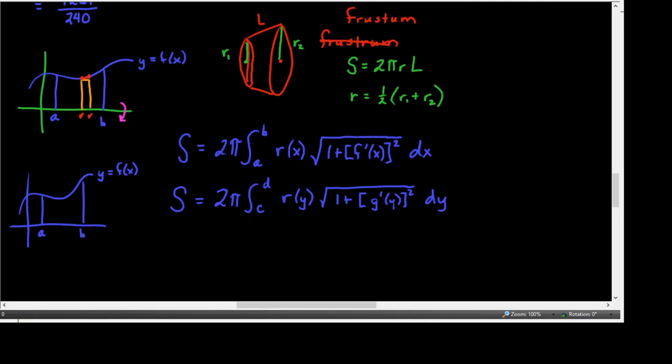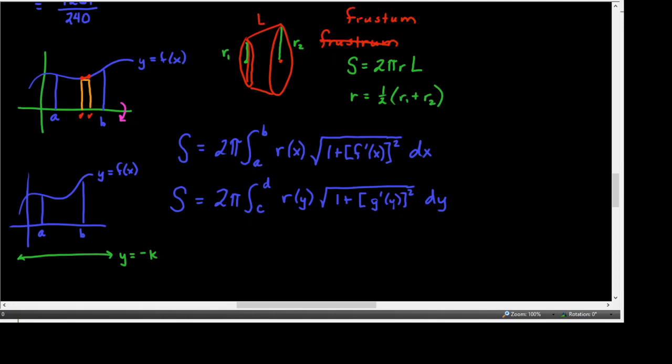Let's say that you have an axis of revolution that's not the x-axis. It could be the x-axis, a lot of times it is, but let's just say it's at y equals negative k. Not that that matters, but it's not that big of a deal.